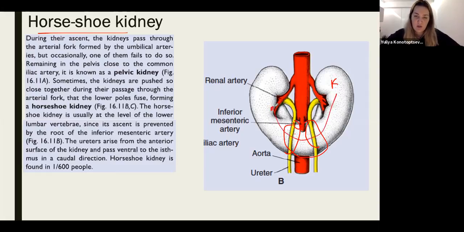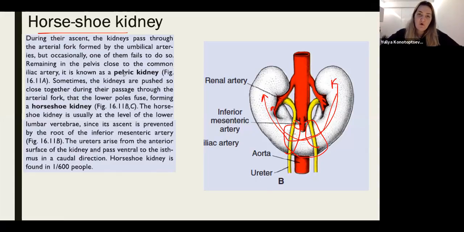So that's one of the disadvantages, because typically, I can just remove one kidney and I can live with one kidney. But in horseshoe patients, the renal failure could spread everywhere, all the way to the other kidney. So then you will have to get a renal transplantation. You will have to get another kidney into your body.